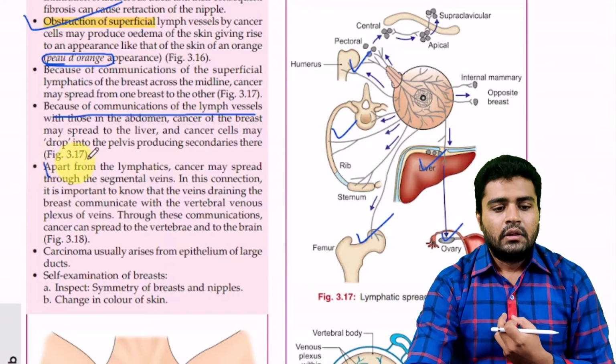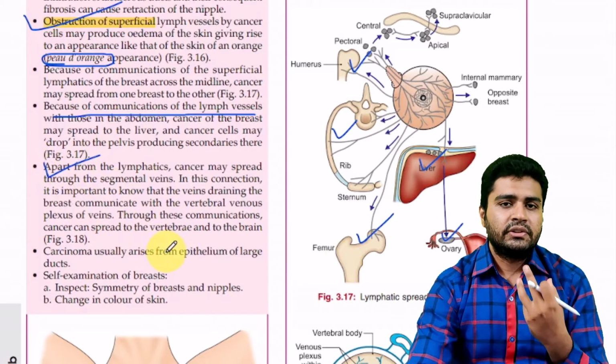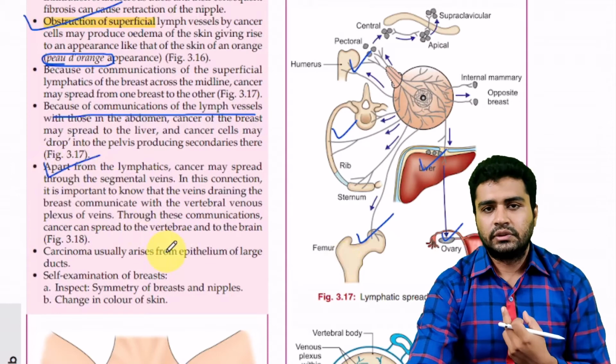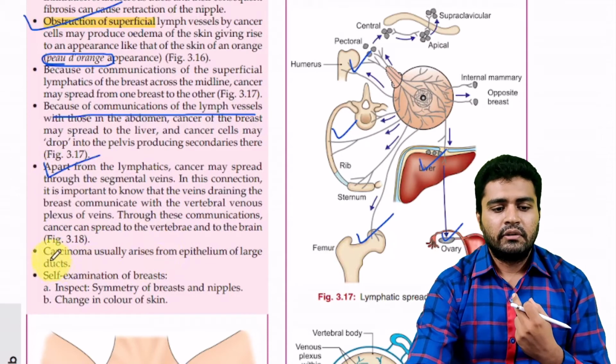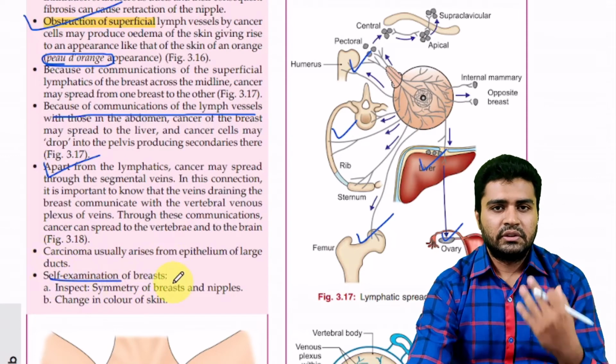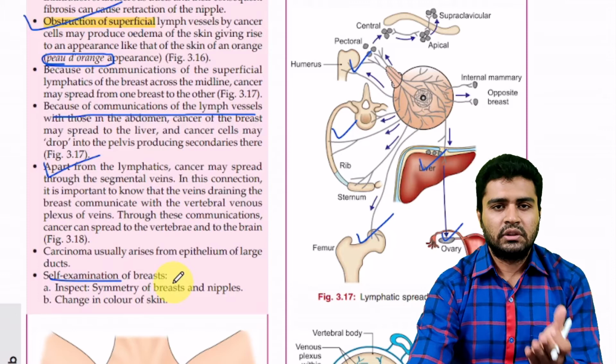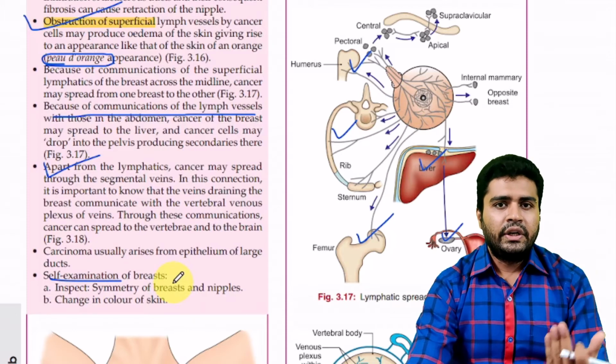Exactly. Now, what is required to diagnose breast carcinoma at the earliest? Remember, we require self-examination. How is this self-examination done? We educate the female to do self-examination regularly. What are the points to inspect?